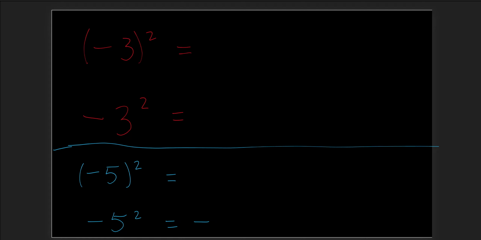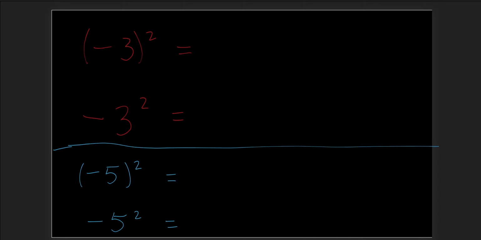So let's see. Problems that you'll see are like these. So we have negative 3 squared this way, and we have negative 3 squared this way. So this is a problem that's very short and seemingly simple. You can look at it and think about what the answer is.